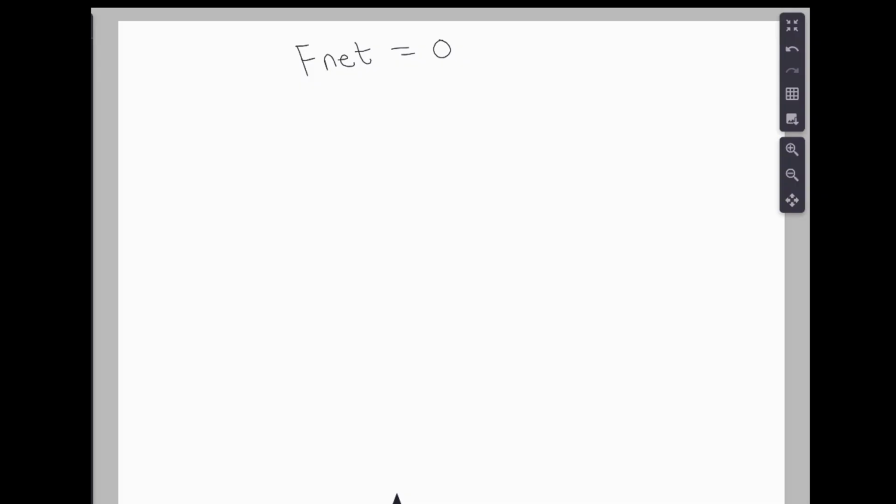Now we first need to calculate the gravitational force. F gravitational is equal to mass times g, which will give us 2.5 kg multiplied by 9.8. If you type that into a calculator, it will give us 24.5 newtons.